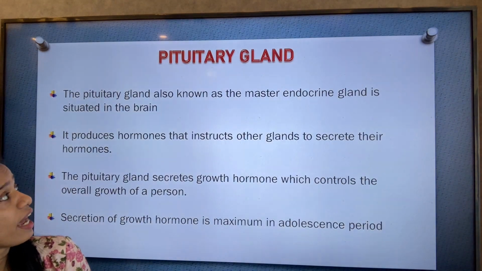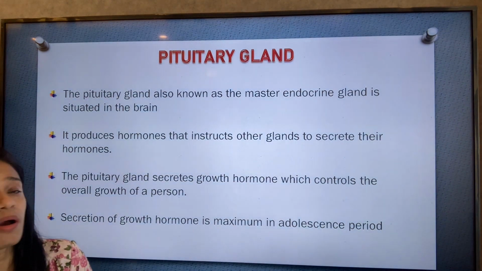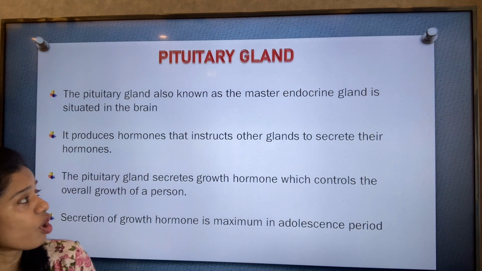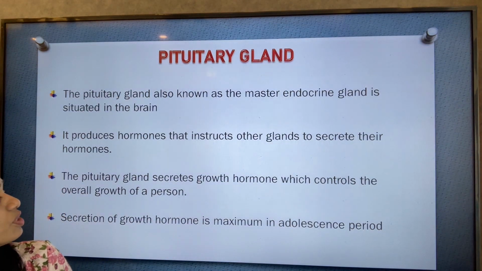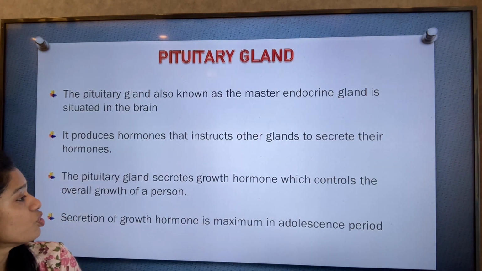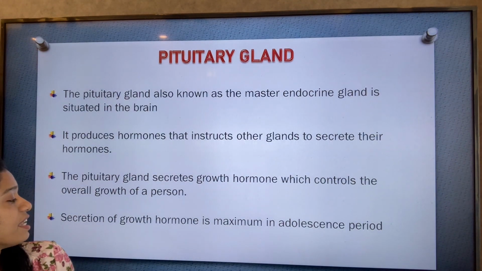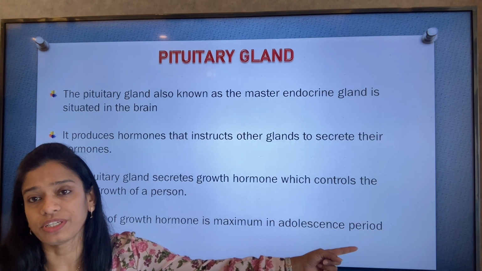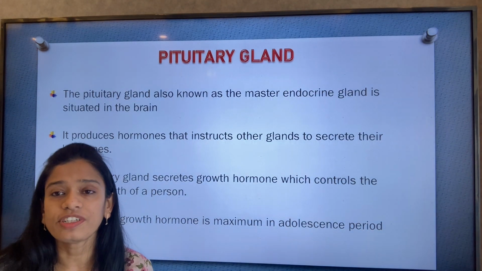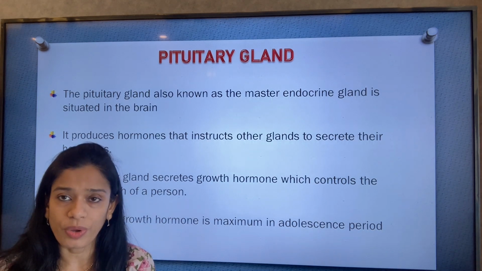The pituitary gland, also known as the master endocrine gland, is situated in the brain. It produces hormones that instruct the other glands to secrete their hormones, and the pituitary gland secretes growth hormones, which control the overall growth of a person. Secretion of growth hormones is maximum during the adolescence period. We know that after the age of 18 to 20, a person does not grow in height.